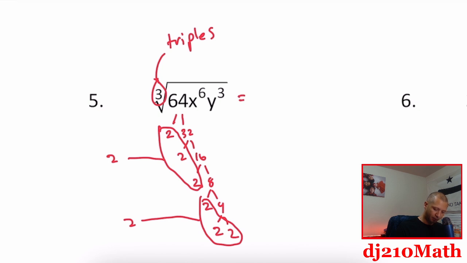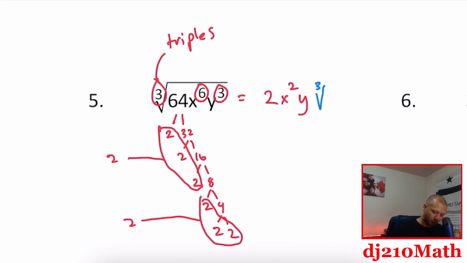So far we have 2. Then x to the 6. So how many groups of 3? 2 groups of 3. So that's coming out. And then there's 3. So a single y is going to come out. So what's left behind?